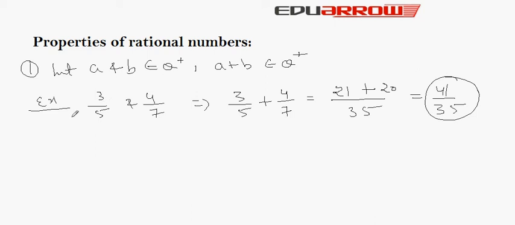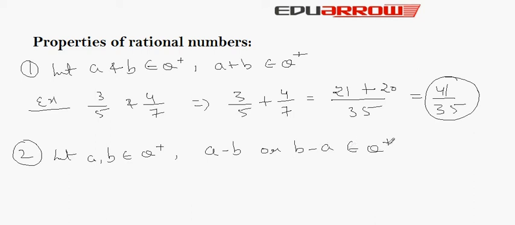Now, similarly, the second property is the difference of two rational numbers is also a rational number. Let A and B be two rational numbers, then their difference A minus B or B minus A is also a rational number.